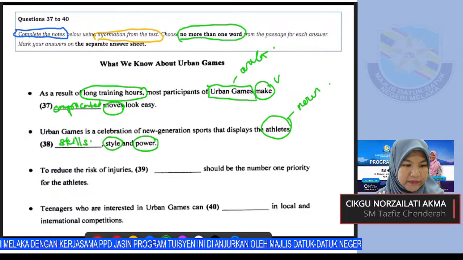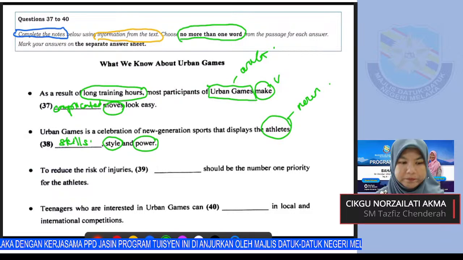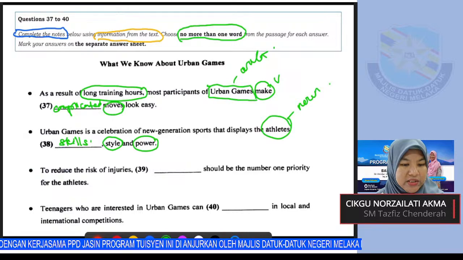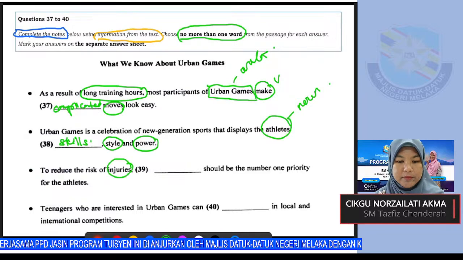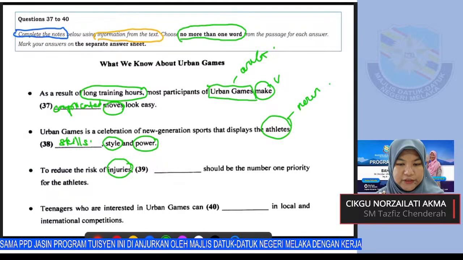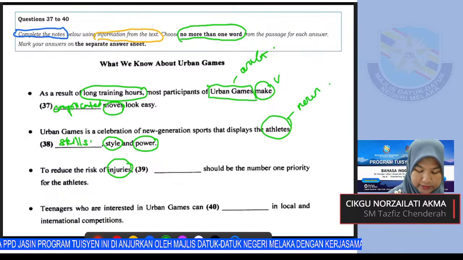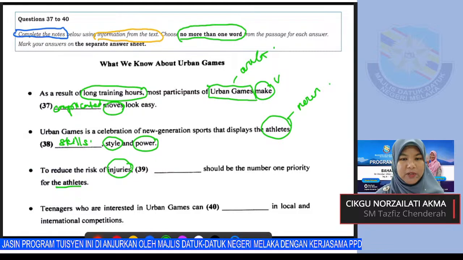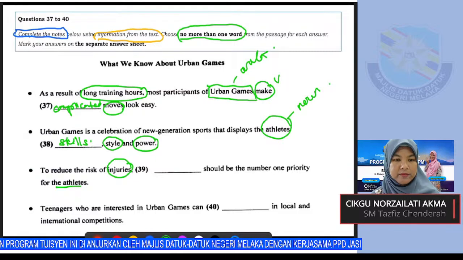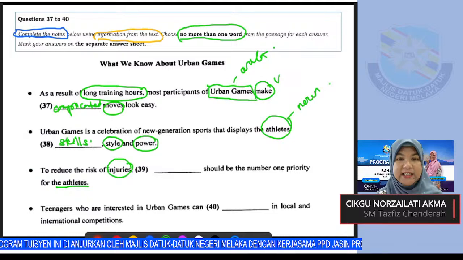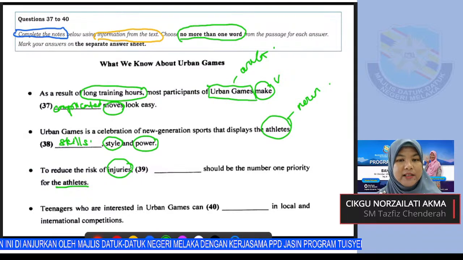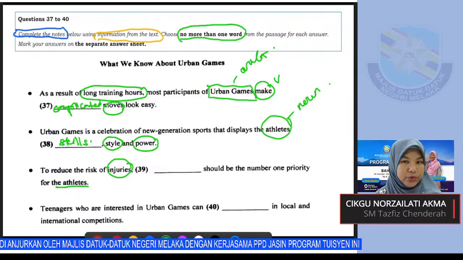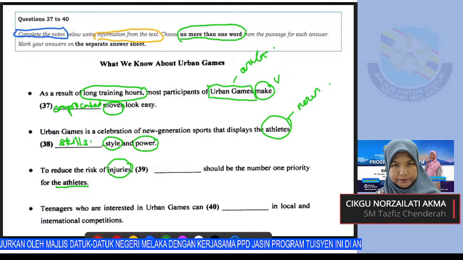Then, to reduce the risk of injury. The keyword is injury. It should be the number one priority for the athletes. When I explained the text earlier, I did mention injuries and safety. In order to avoid injuries, what do you need to focus on when you do urban sport?